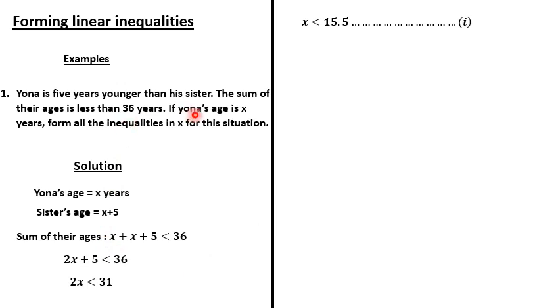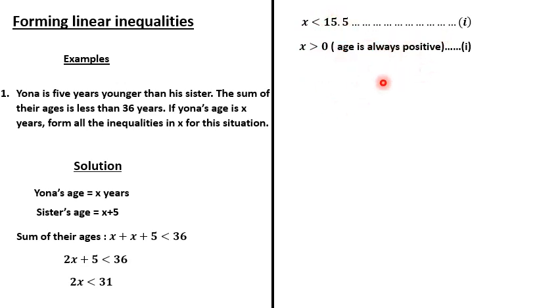Then we also have to note that, since we are dealing with ages, the age of a person cannot be 0 and it cannot be less than 0. So we have an obvious inequality, and therefore x is greater than 0. This is called an obvious inequality because age is always positive.